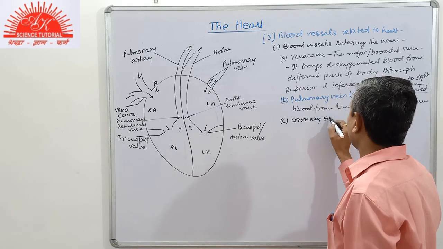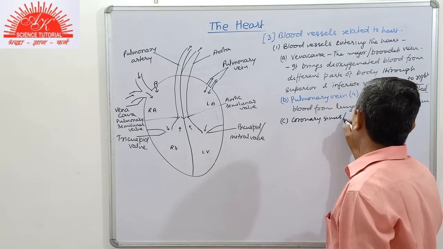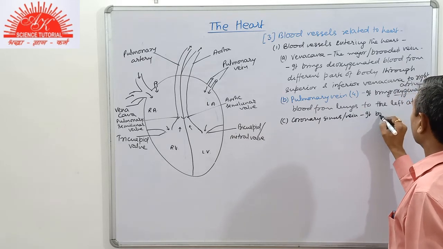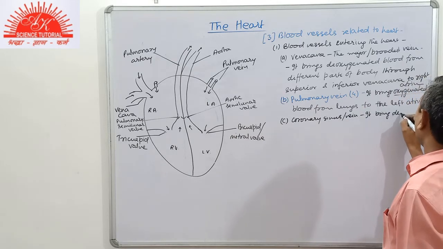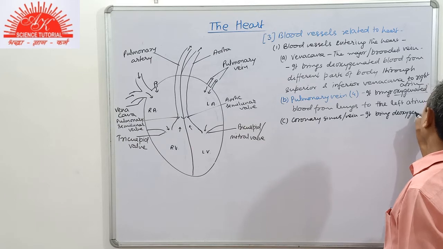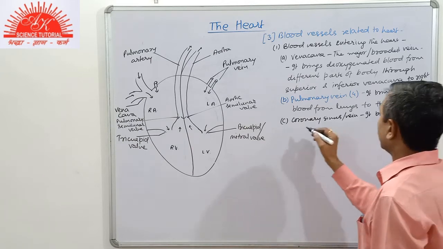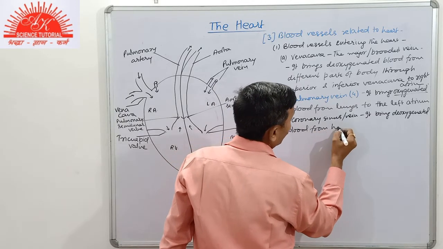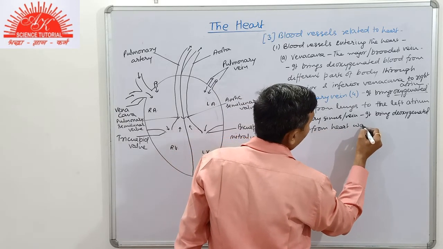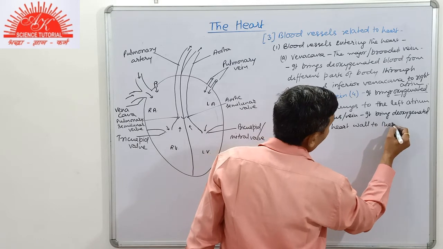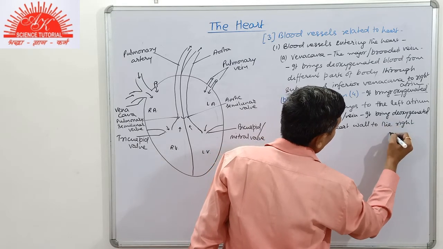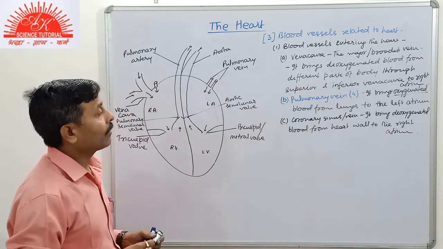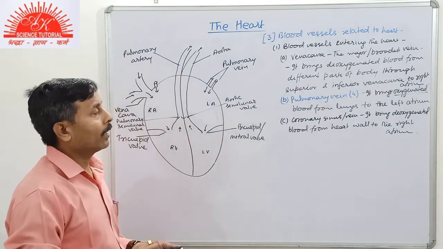Coronary sinus or vein brings deoxygenated blood from the heart wall to the right atrium. So there are three blood vessels entering the heart.